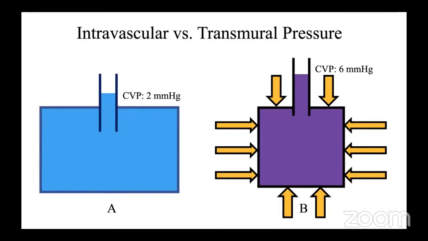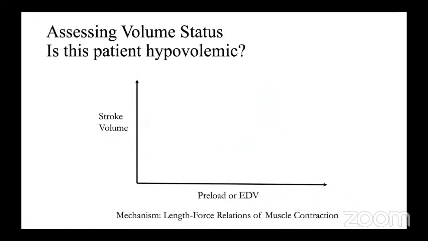However, we must remember that the heart and the great vessels are within the pericardial cavity, which itself is in the chest, and if there is increased pressure inside the chest or the pericardium because of some reason, such as pleural effusion, pericardial effusion or pericardial tamponade, then the CVP will be positively elevated. So for the same preload or for the same volume, the measured value of the central venous pressure will be increased.